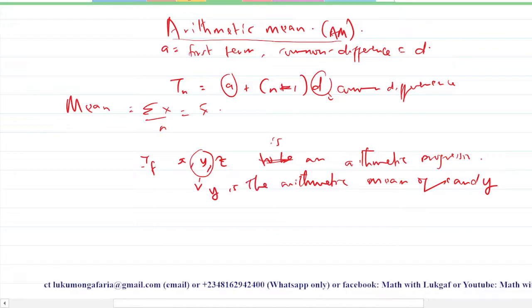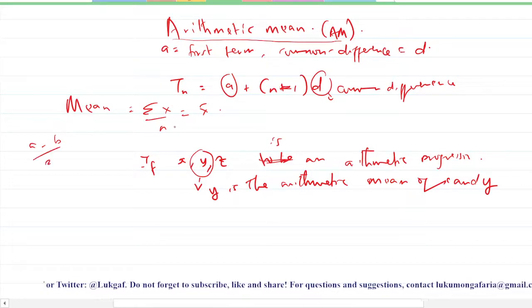And how is that obtained? Remember what I called mean. If you want to find the mean of two numbers, say A and B, their mean will be the sum of the two numbers divided by 2. That's summation x divided by n. If you want to find the mean of 10 numbers, you add all the 10 numbers together and divide by 10.